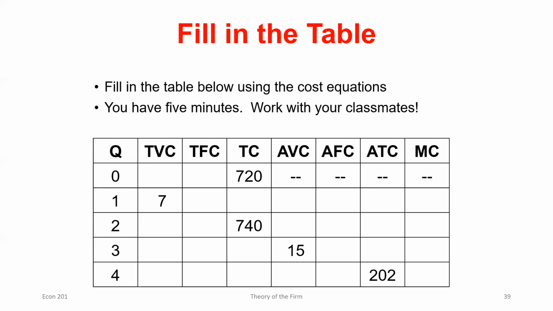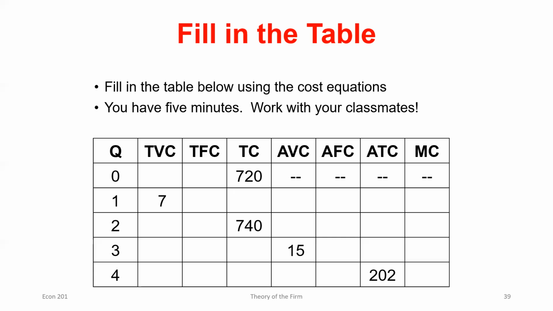We've got this last line. This one's a little bit tricky, because all I have are my fixed and my average fixed costs. I don't have any total or any variable costs. But sorry, I do have one. My average total cost is 202. So if I know my average total cost is 202, what's something else I could find easier? Total cost. Similar idea to what we're doing here. I could take my average total cost equation, plug in the components I know.